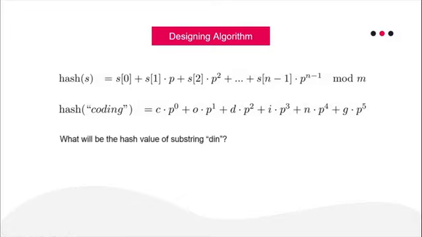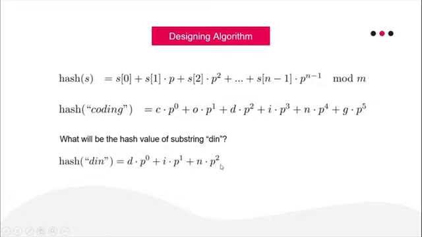If I try to evaluate the hash value of the substring din, the hash value of din using polynomial rolling hash would be d times p raised to power 0 plus i times p raised to power 1 plus n times p raised to power 2, of course modulo m. Can you find the relation between the contribution of din, which is this, and the hash value of din?